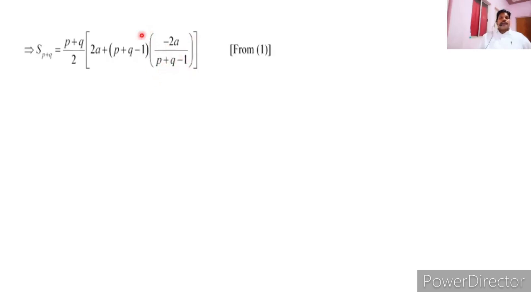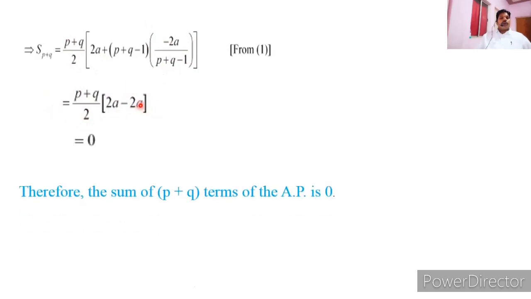Cancel p plus q minus 1 with p plus q minus 1. What we get is p plus q by 2 into 2a minus 2a. Minus 2a and plus 2a cancel out, it becomes 0. So the total value becomes 0 only. So the sum of p plus q terms of the arithmetic progression is 0.